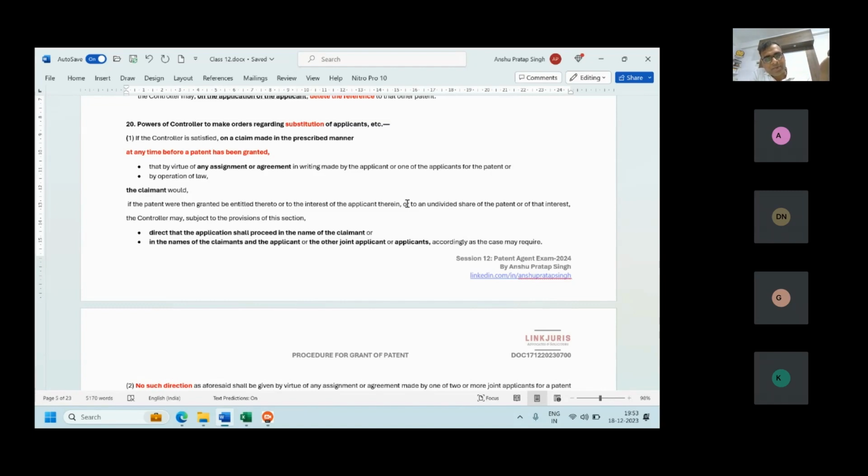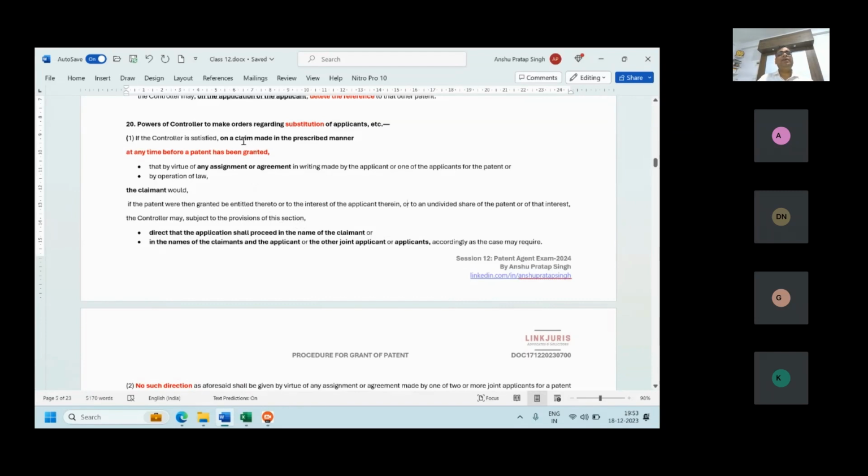One, either by the agreement or by the operation of law or by the will, because someone dies. So there are only two scenarios if we focus on this: if someone dies or someone assigns. These are the only two scenarios, or by an agreement.